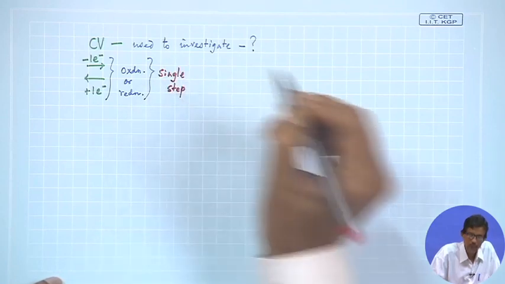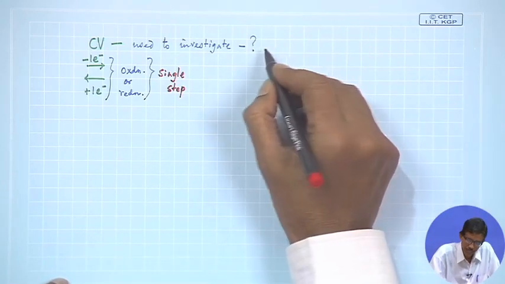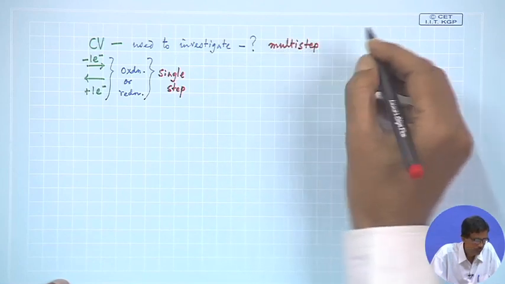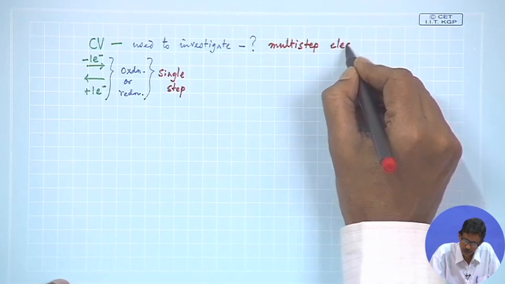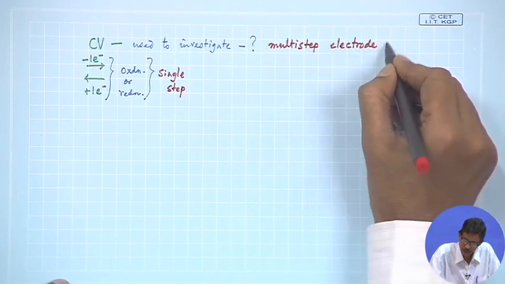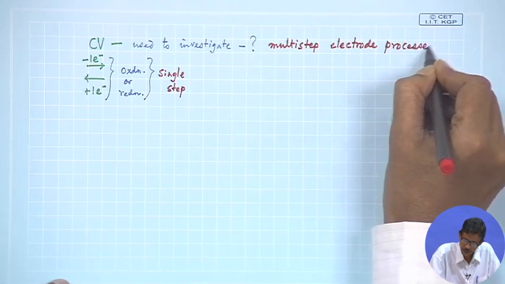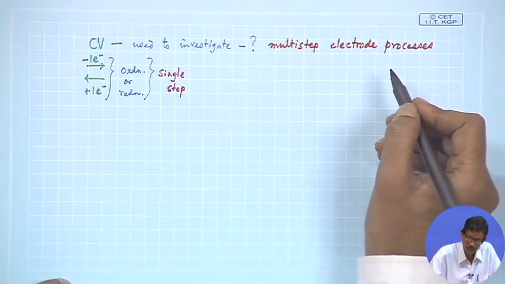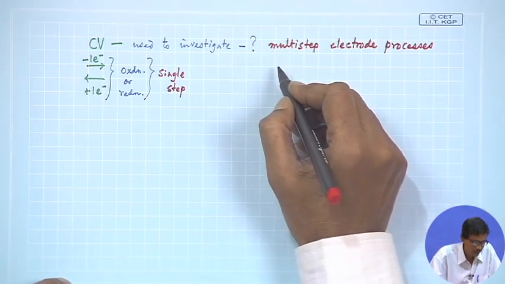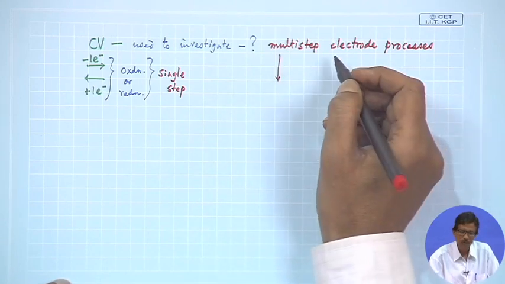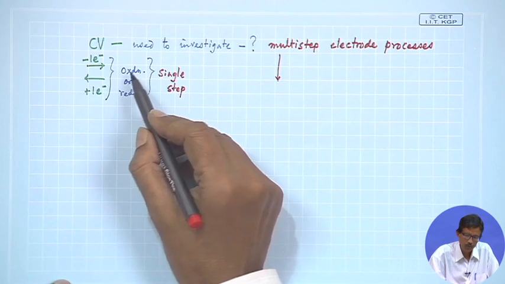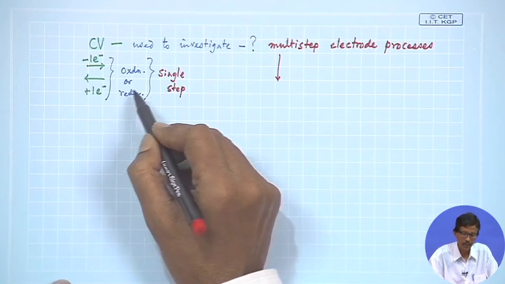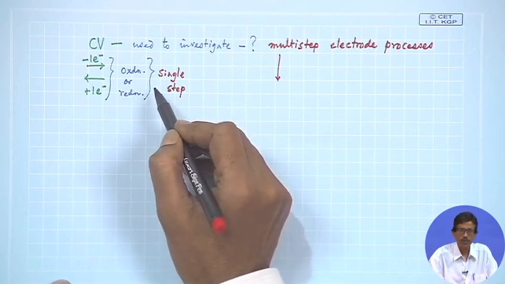If we have some multi-step electrode processes, that means one electron transfer followed by another electron transfer, all these things can happen, and sometimes not only that, there will always be a chance, we all know, that if the corresponding oxidized species or the corresponding reduced species are not very stable in the solution, they can undergo some further reactions.